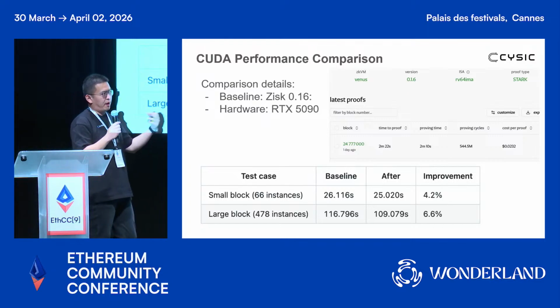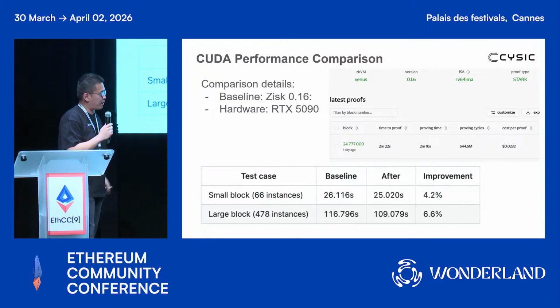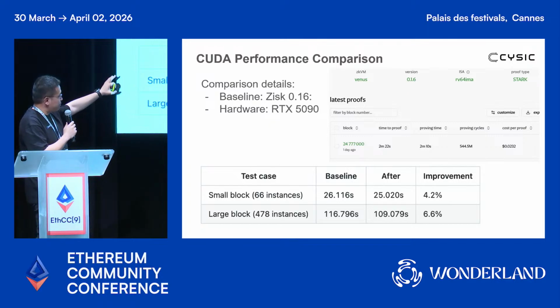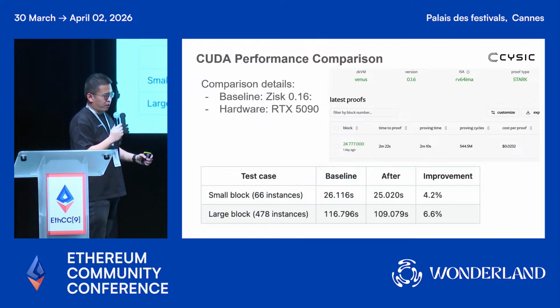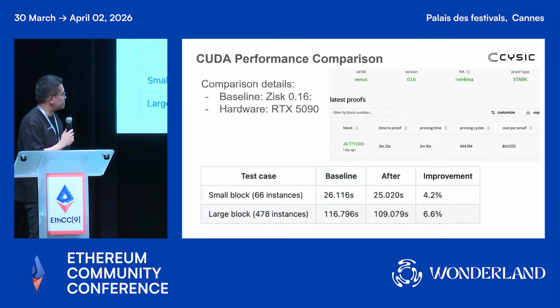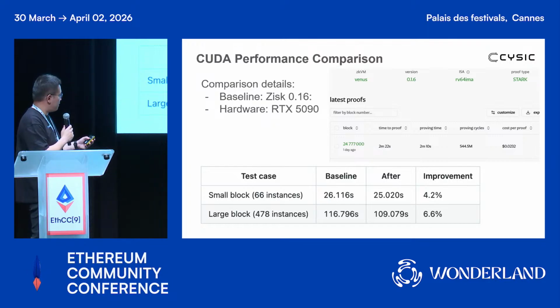We are switching from Rust to Go, so we are still catching up with the block. The screenshot I took is from a few days ago, and we are catching up with the latest block. After that, we can do the proving. So here are the results compared with Zisk.